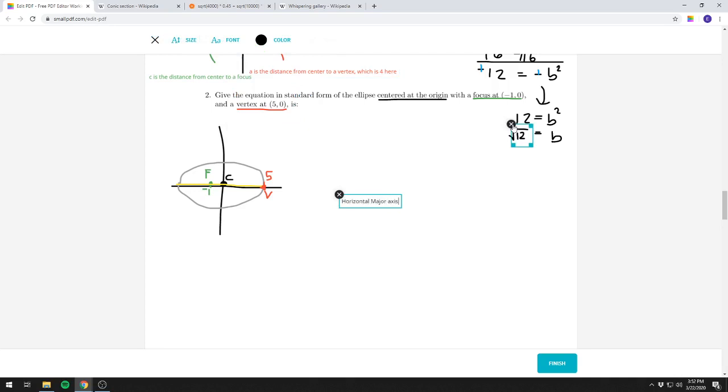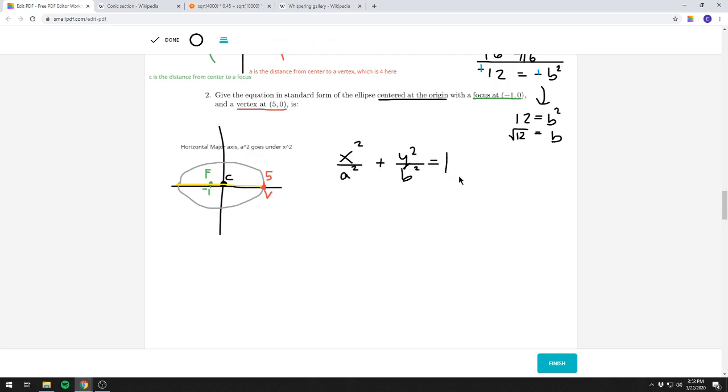You can just see that it's the x-axis, which would be plenty good. Horizontal major axis, a squared goes under x squared. Go ahead and write that in. We got x squared over a squared plus y squared over b squared equals 1.